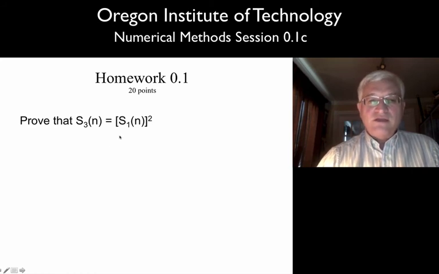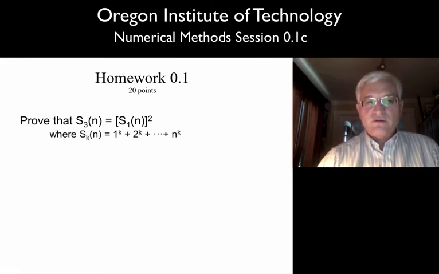And I would like you to prove that this relationship works. So in other words, whatever you get by summing up the n integers, if you square that, you would get the same thing as if you summed the cubes of those same integers, again starting with the number 1.